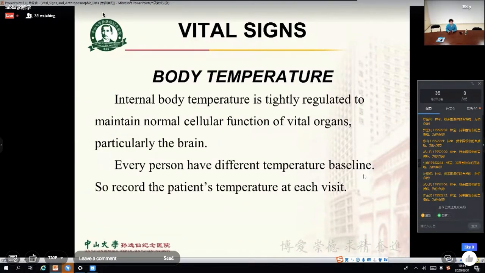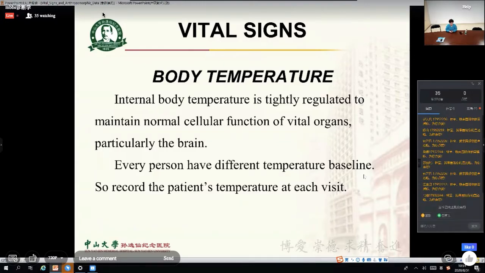There are 4 vital signs. The first one we need to record is the body temperature. The internal body temperature is tightly regulated to maintain normal cellular function of the vital organs, particularly the brain. Every person has a different temperature baseline, so record the patient's temperature at each visit.